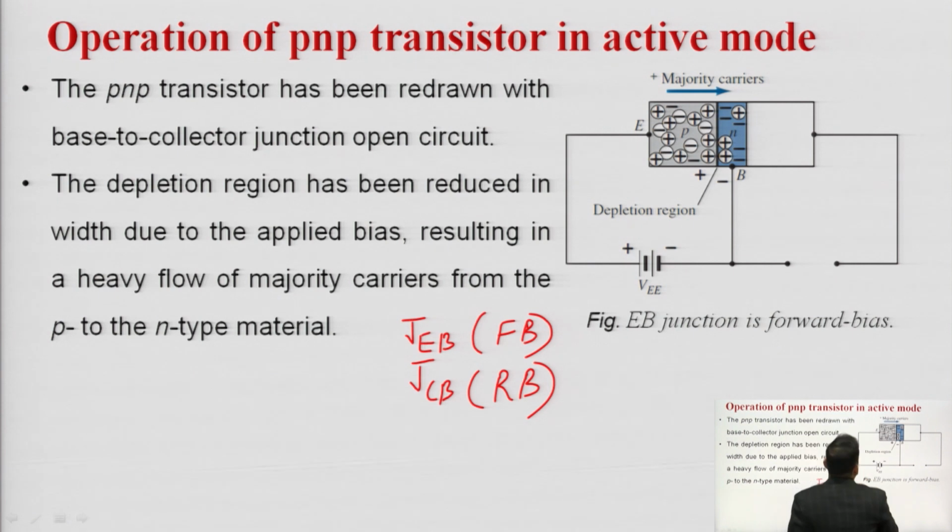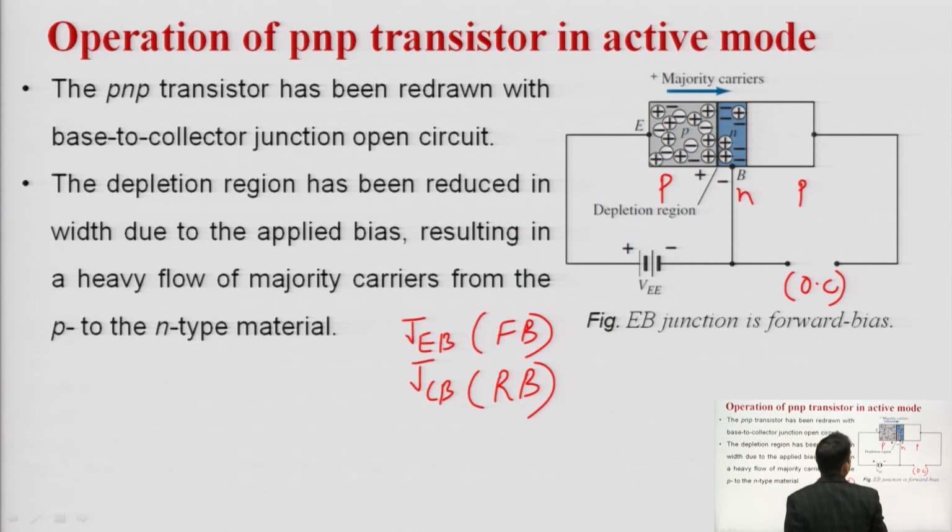So if we are adding a bias to this PNP transistor, we basically have two voltages, the emitter base voltage and the collector base voltage. We want to see the operation of the transistor, so I am considering one voltage at a time. I am keeping the collector base junction open circuit and just seeing the effect of the emitter base junction.